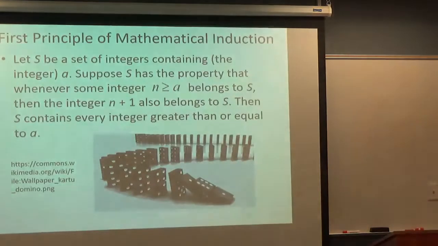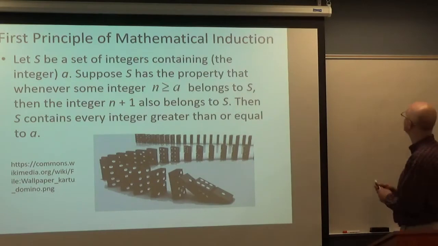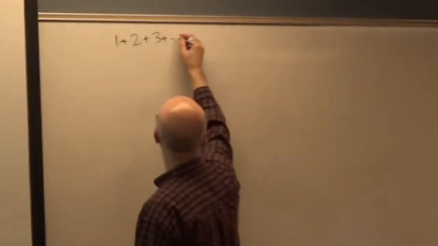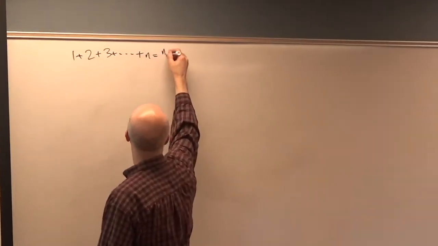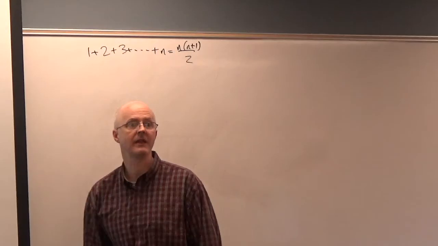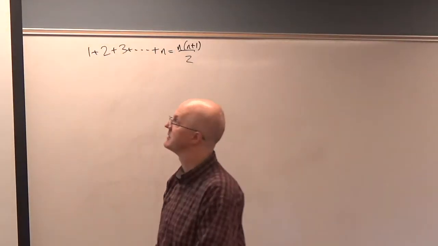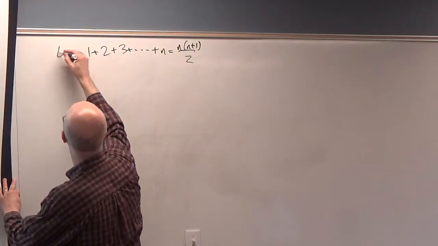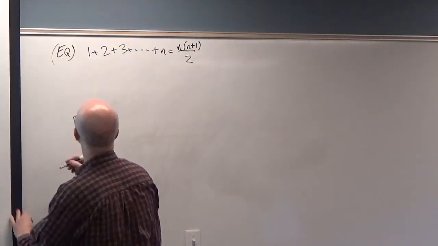Let's use this principle in the way it's stated here now to prove that equation from the previous page. And let's do it in a style that really uses the way the book phrases this first principle of mathematical induction. Let's call this equation EQ.